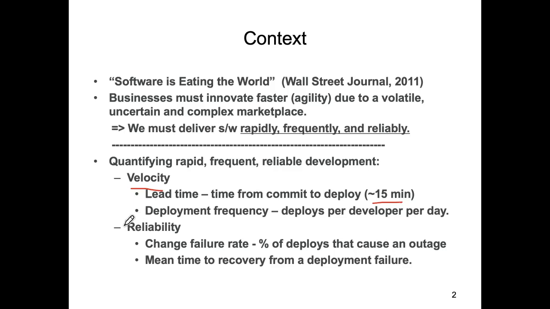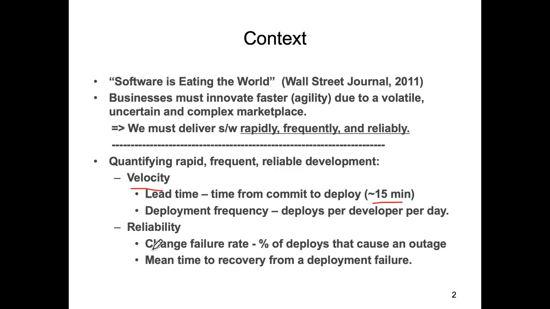Reliability, well, certainly the tools facilitate the rapid, frequent objectives. I'm being more specific about reliability here. One way of measuring that might be how quickly do we, as a software organization, fix problems that arise once we have deployed our software and maybe run some automated tests on it.